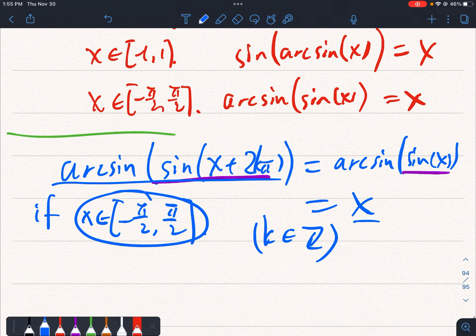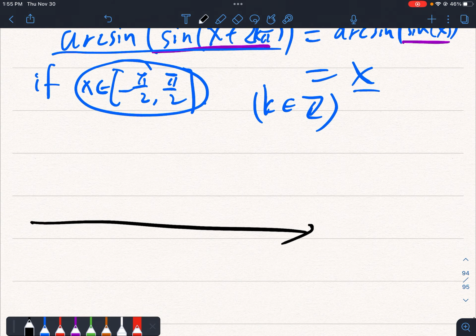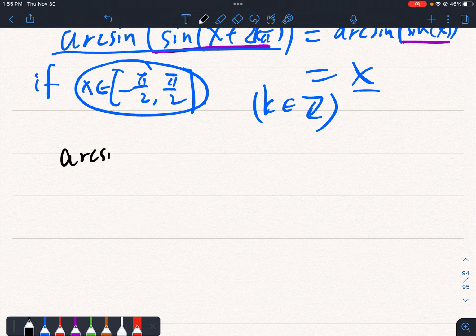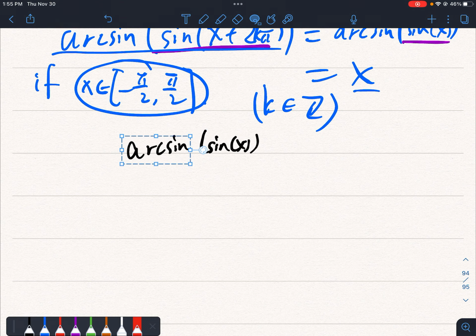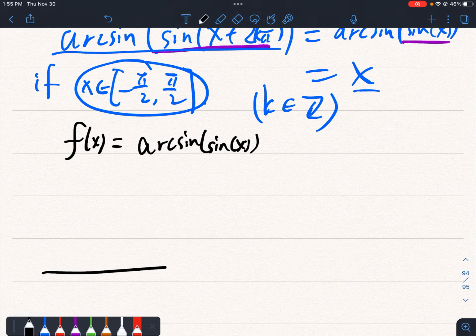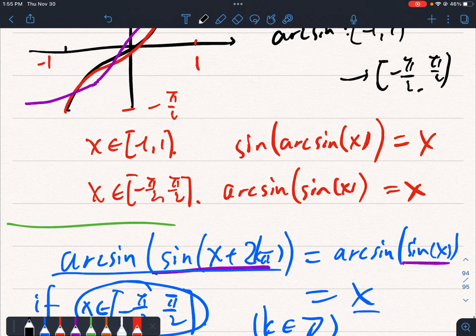So you can also change it into any 2k pi, for any k in Z. Then if x is in the interval, this becomes x. But what does it mean? You can do it for all of them. So let's look at the graph of arcsine of sine of x. We can call it f of x.